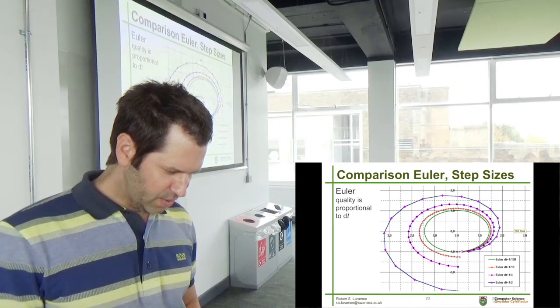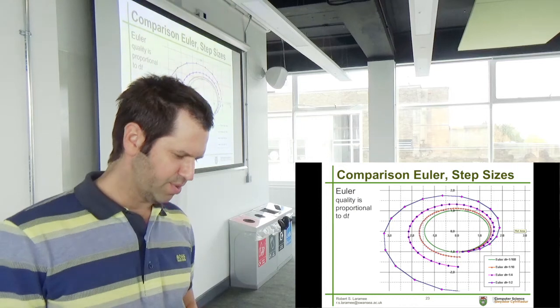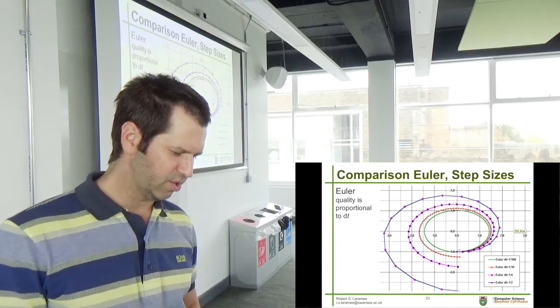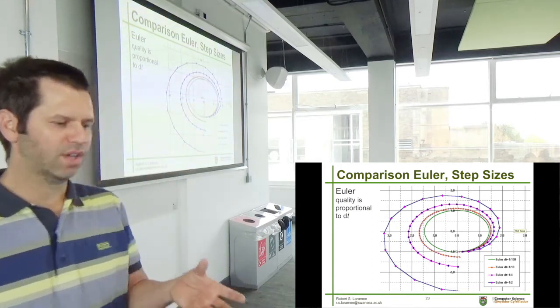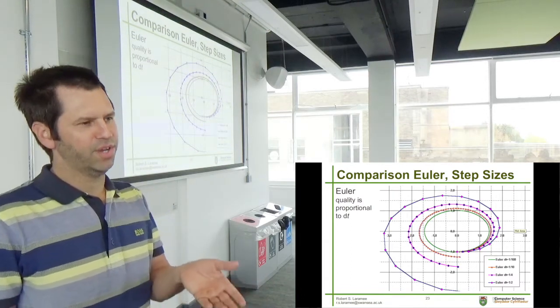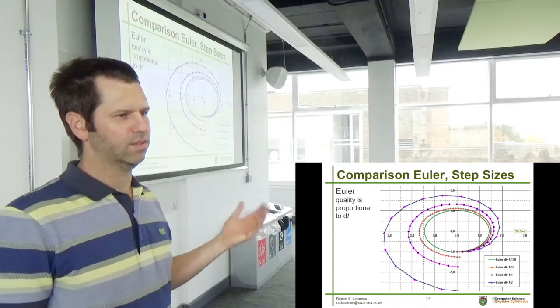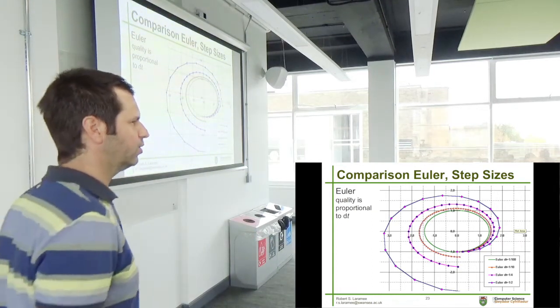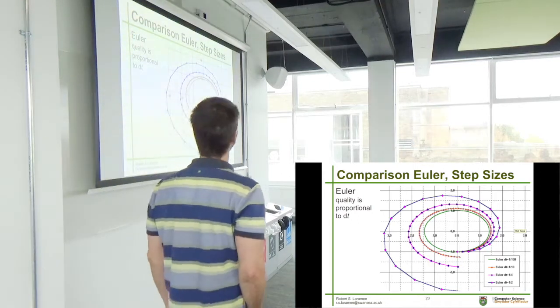And then the most accurate is 1/100, and that approximates the solution the most accurately within a pixel, right? You can't see if that's a perfect ellipse or not, but it is within a pixel of being exactly correct. So for our purposes, it's correct.